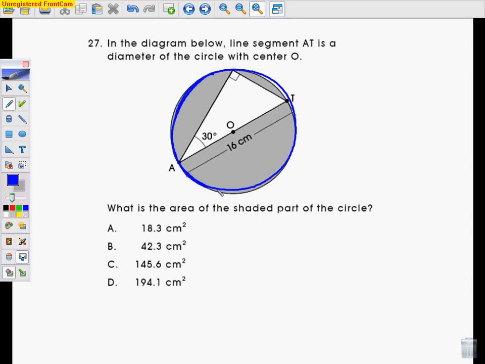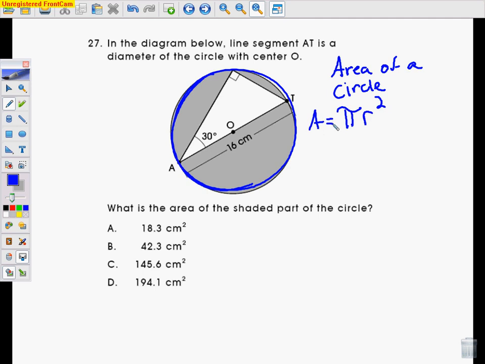On your reference sheet that they give you, they'll actually give you the formula for the area of a circle. Area of a circle is pi times the radius squared, right? That's the area of a circle. Area equals pi r squared.